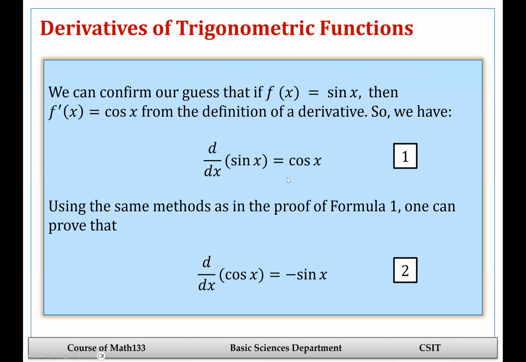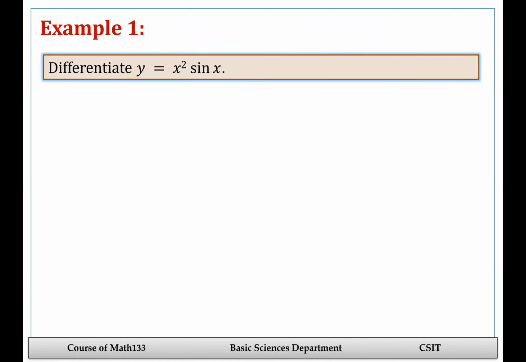So in general, sine and cosine, they switch each other for the derivative. The only thing that we have to pay attention that the derivative of cosine gives minus here in front of the sine. Okay, so let's do this example one as application.